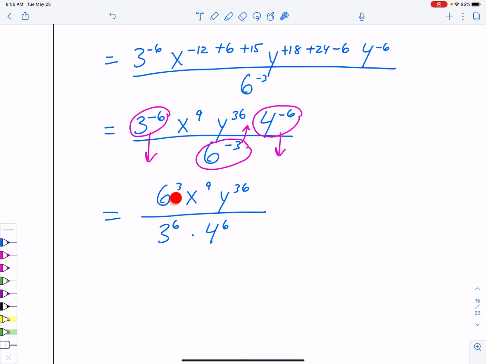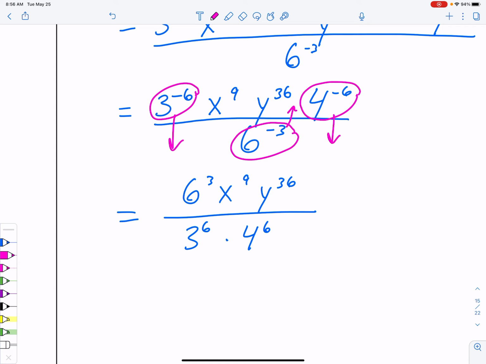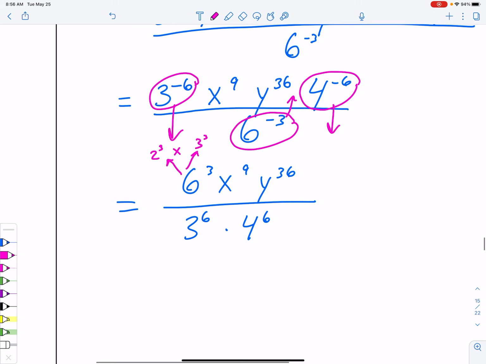What do I mean by factor the numbers? Here, we know that 6 is 2 times 3. So a 6 splits into 2 times 3. If we have 6 to the 3, we need to keep the same exponents on the bases. So 2 to the 3 times 3 to the 3 is the same as 6 to the 3.